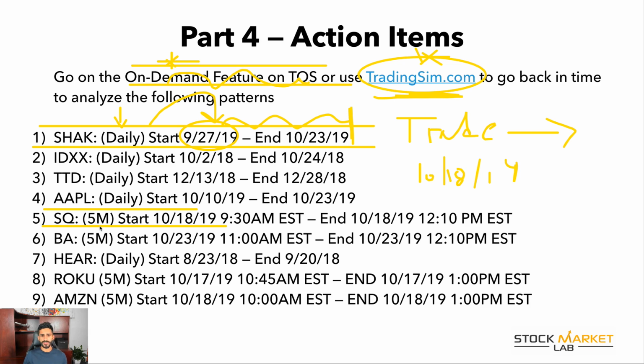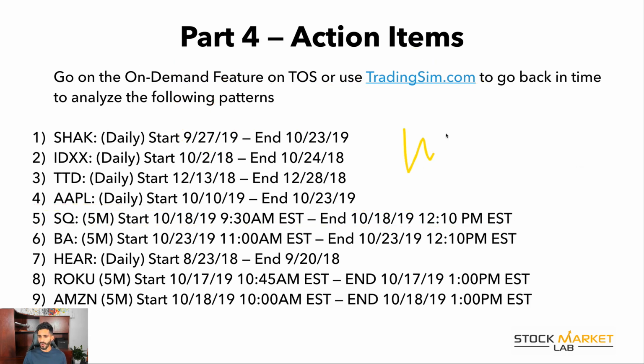Obviously, you can alternate between the time frames, and from 9:30 a.m. you're going to go minute by minute until 12:10 p.m. The whole idea of this assignment is to get better at price action and to understand chart patterns and see them. I can show you chart patterns all day, but when you're in the middle of the trade, identifying the chart pattern is extremely hard and much different than going back in time and identifying it.